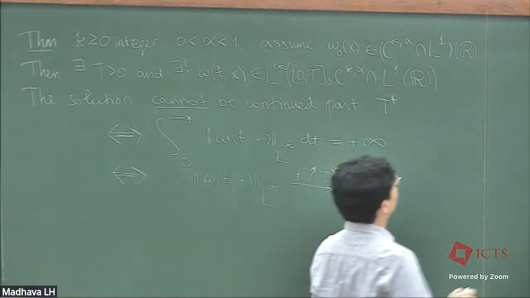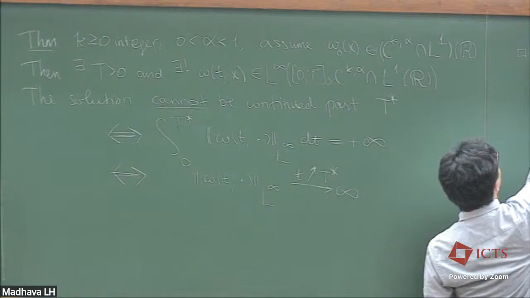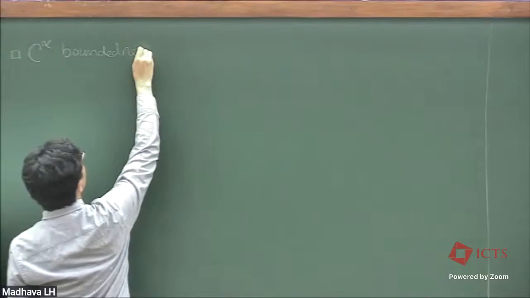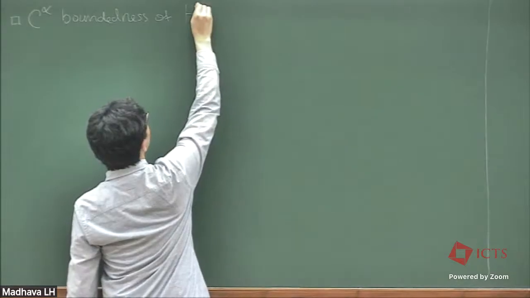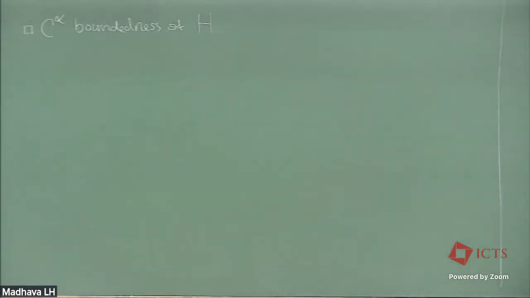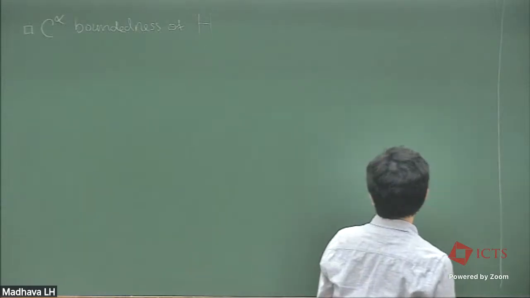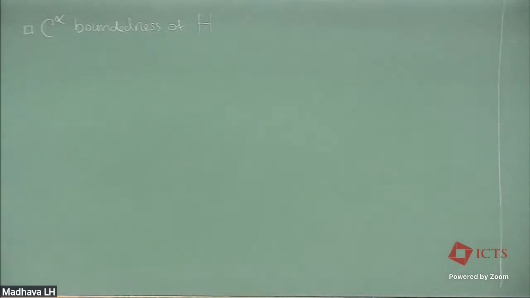So the first inequality we need is just C alpha boundedness of the Hilbert transform. Strictly speaking, I need to do at infinity boundedness first.